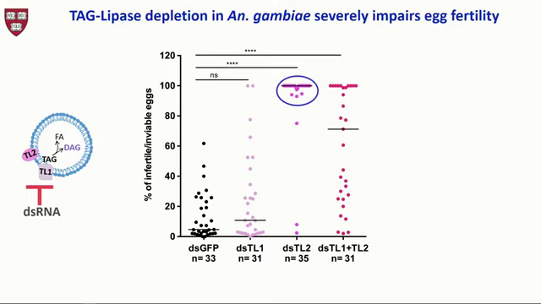But we are somehow puzzled by the fact that in the TL1, TL2 injected mosquitoes, where we see a further decrease in number of eggs, we don't see this phenotype as what we see for TL2 only. So we're still trying to understand what could be happening. These lipases have not been described before, so we're still trying to get our head around it.